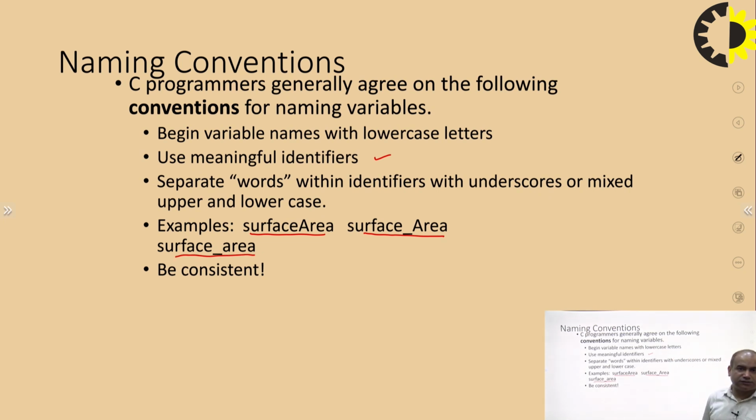Be consistent, which means as I declare and define my naming accordingly, I will keep it the same throughout the program. Most important thing, uppercase and lowercase are not the same. Uppercase and lowercase are different.